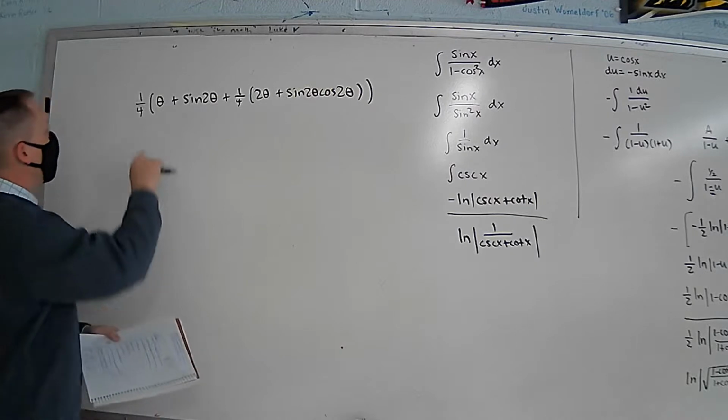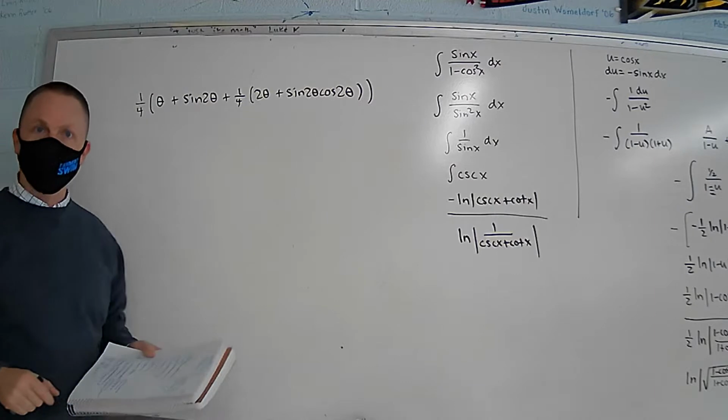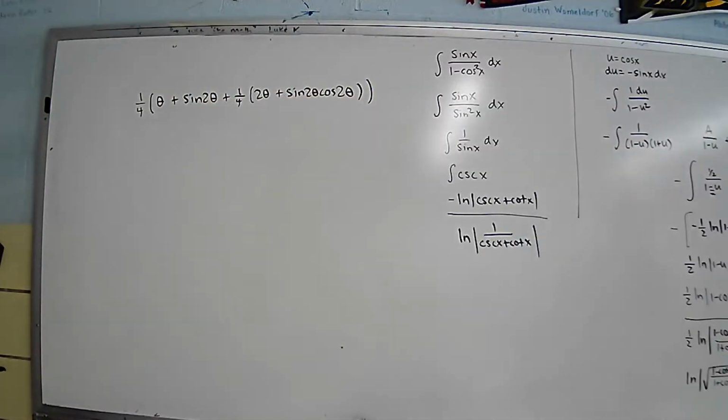What I forgot to do was when I put this 1/4, I didn't distribute that 1/4 across everything. If you look back at your notes, I didn't distribute that 1/4 across. But all it's going to do is change a couple constants in your answer. I'm not terribly concerned about that. I'm not going to ask you to do cosine to the 4th on the test, probably, but I certainly should acknowledge that I did screw that up.